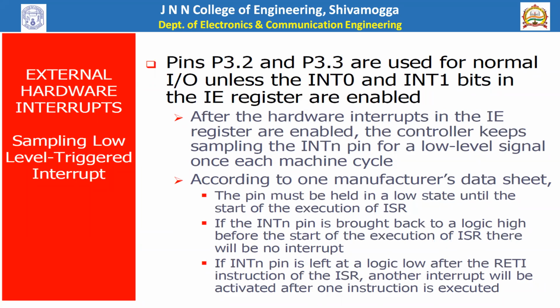It automatically jumps to the interrupt service subroutine. For every machine cycle, the microcontroller verifies the INT pin. If there is a low signal on the INT pin, it treats that as an interrupt.